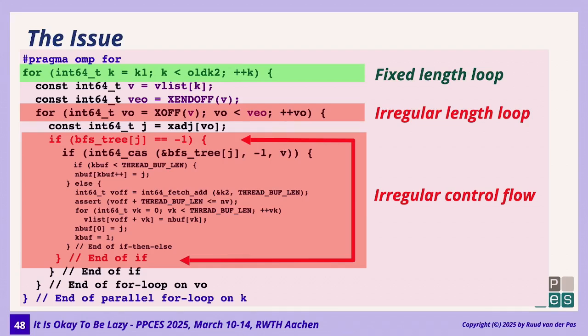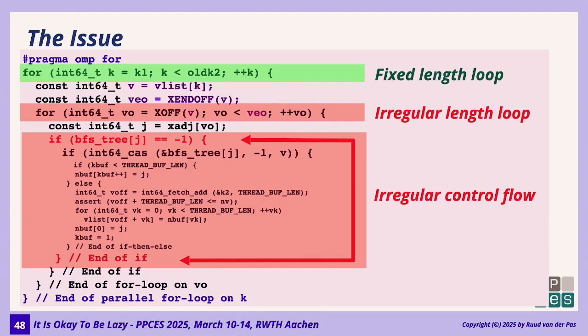If that equals -1, then you do a lot more work, and otherwise you skip it. And even inside that, you have another if, and you do what's called the compare and swap, so that's an atomic operation. You do buffer copying.